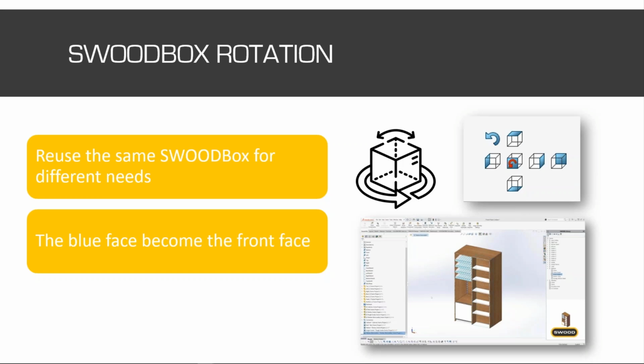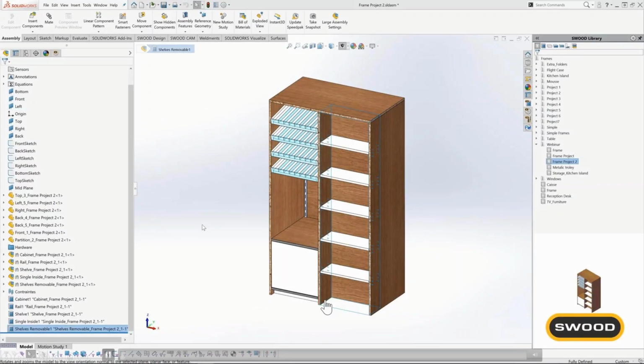The thing that you have to keep in mind is that when you edit the SWOOD boxes and want to rotate it, you will have all these different cubes with the blue face. And when you select this icon, it will move the blue face into the front face. Okay, so we'll see here a short example in the video.